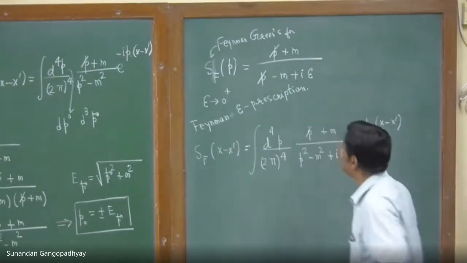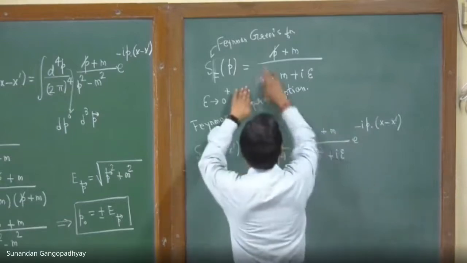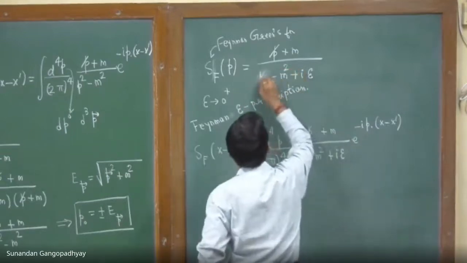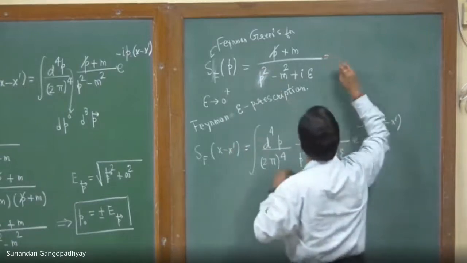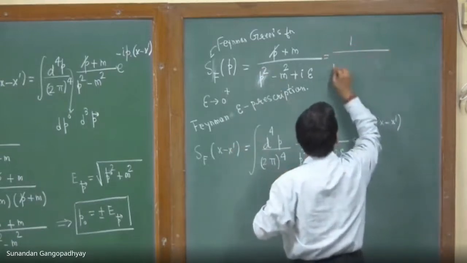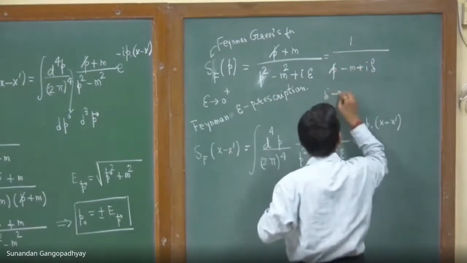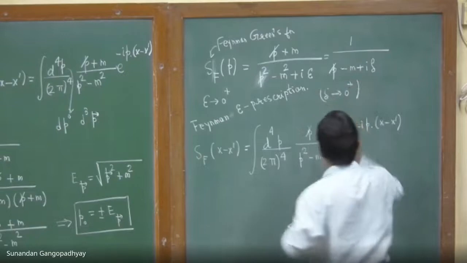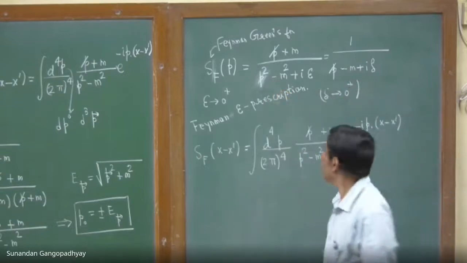As I mentioned earlier also, this is p squared minus m squared plus i epsilon, and you can write this as (p slash minus m) times (p slash plus m), with a small correction, plus i epsilon.